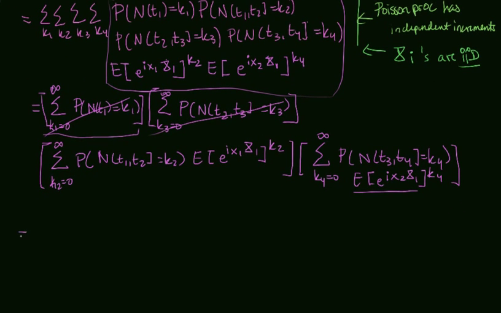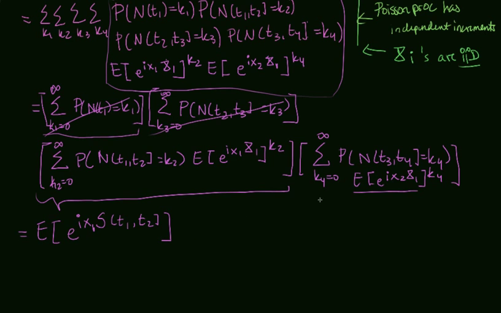So we recognize the characteristic function of the increment in total claim amount from time T1 to T2. This first expression depends on K2. And the second expression, where the sum depends on K4, we recognize as the characteristic function of the total claim amount's increment from time T3 to T4.